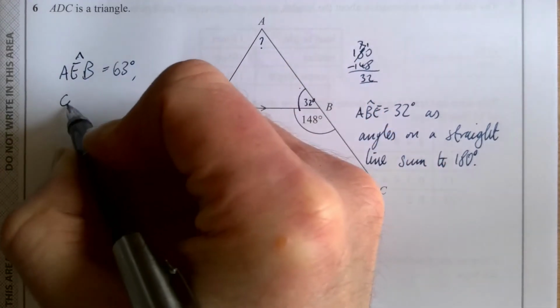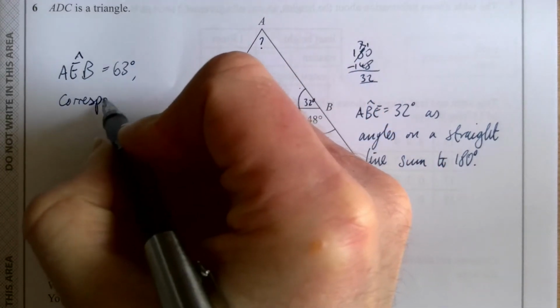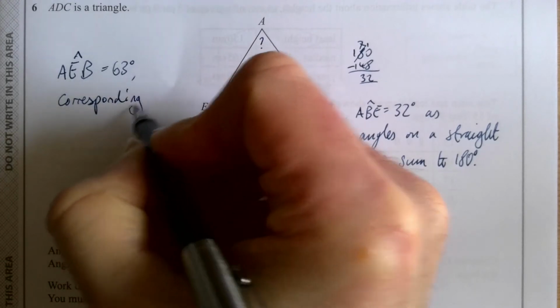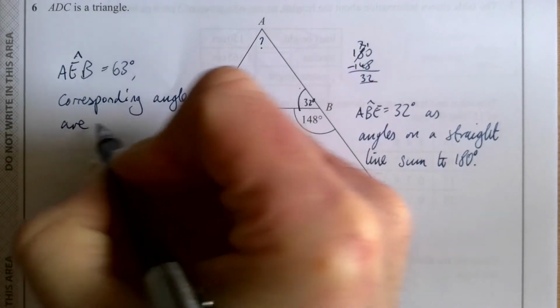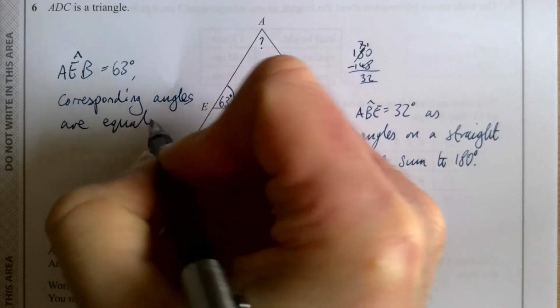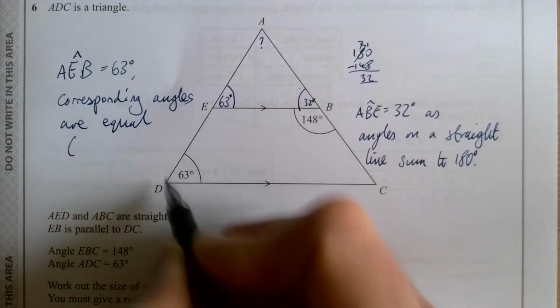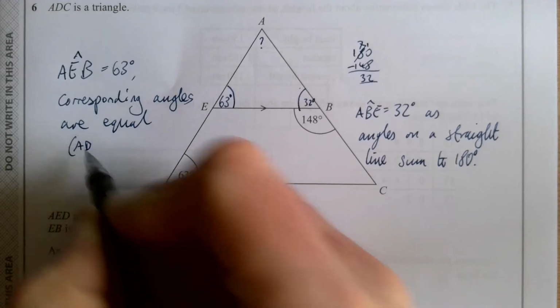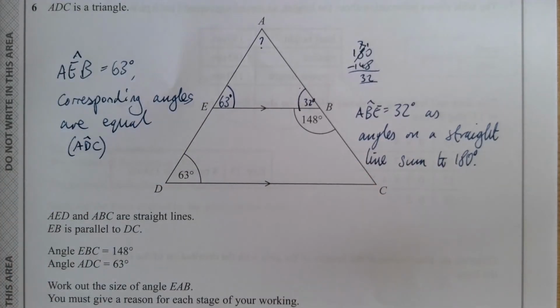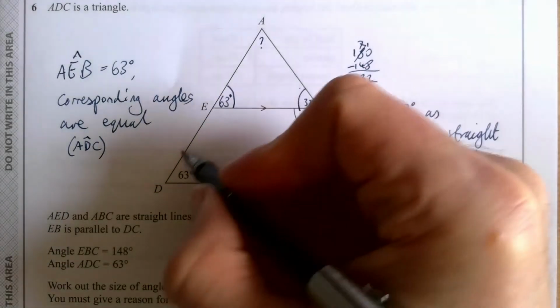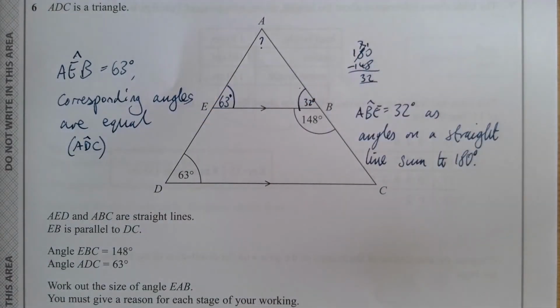And the reason for that is corresponding angles are equal, and it's corresponding with ADC. But as long as you've got that word corresponding in there, that'll be okay. So it's just sliding from there to there, corresponding angles.